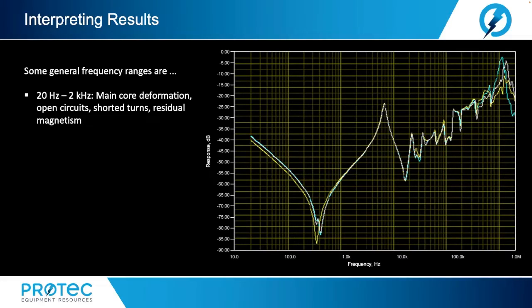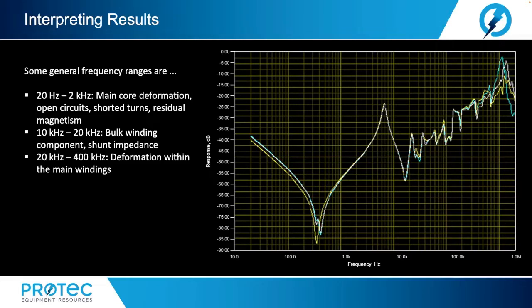Here we typically see main core deformation, open circuits, shorted turns, residual magnetism. At 10 kilohertz out to about 20 kilohertz, we typically are looking at bulk winding component and shunt impedance.